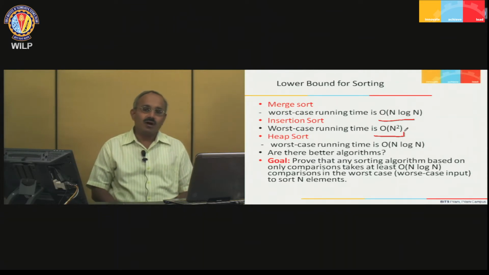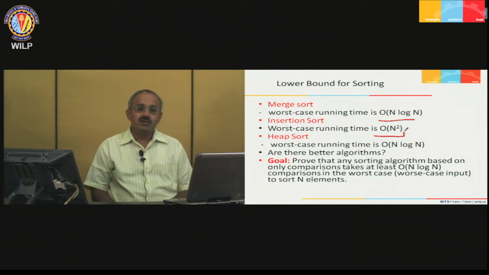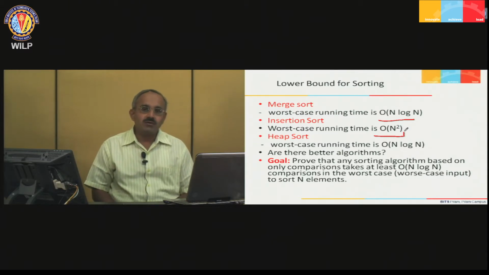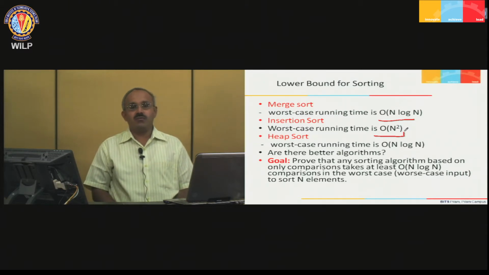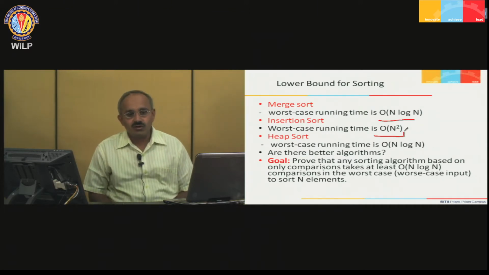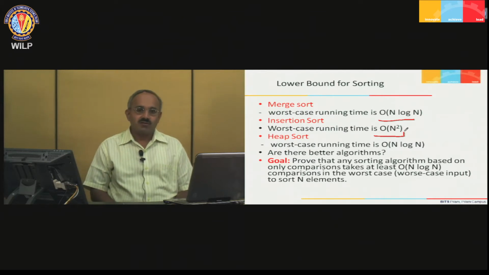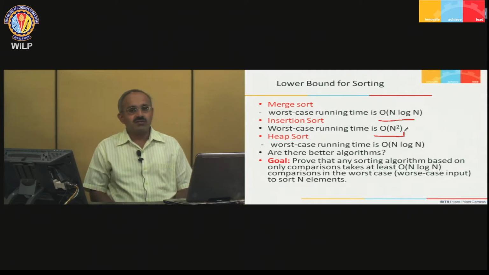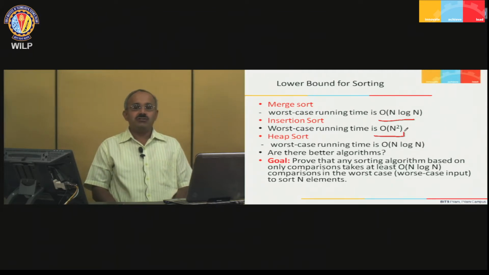We are going to try to answer these questions, how much better we can do or what is the best that we can do, and that would answer whether any algorithm out of merge sort, insertion sort, heap sort is the best or not. Obviously, insertion sort is not the best because in the worst case it is quadratic in its order, whereas merge and heap are n log n. Question is, can we do better than n log n?